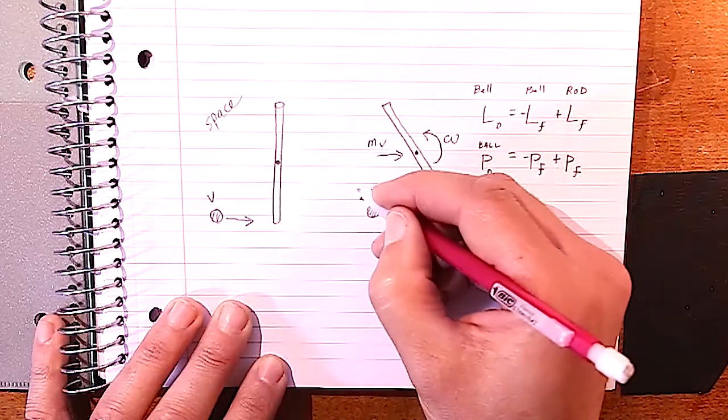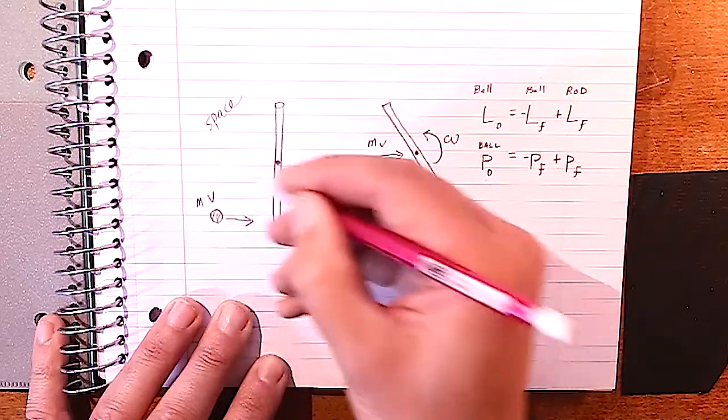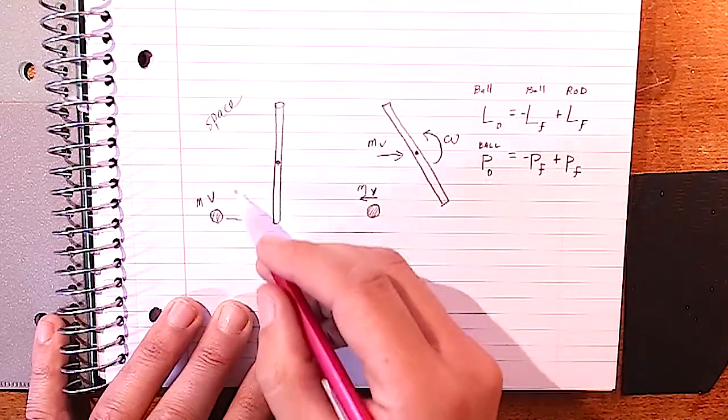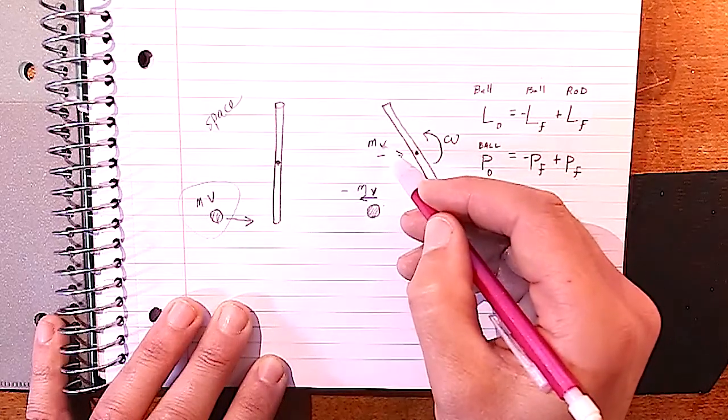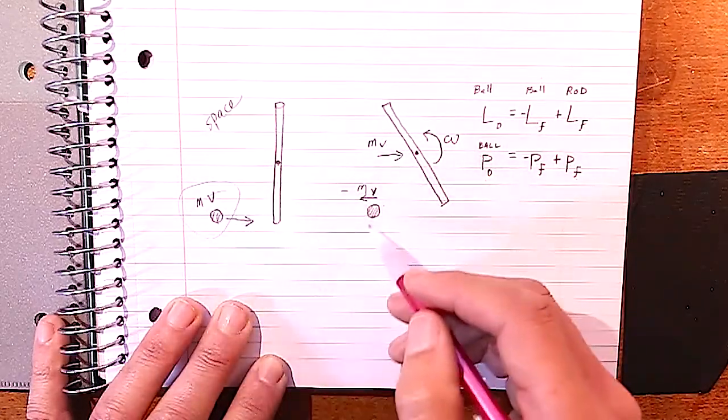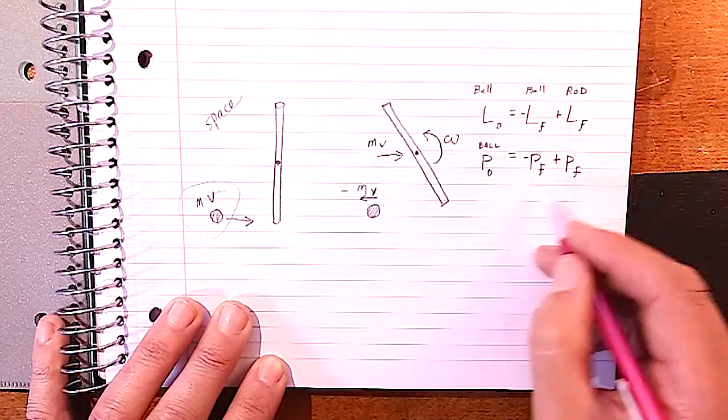So this mv minus this mv plus this mv have to be equal. This minus that plus that. There it is right there.